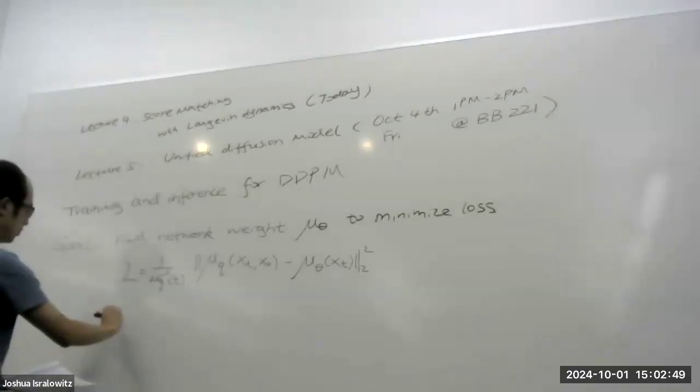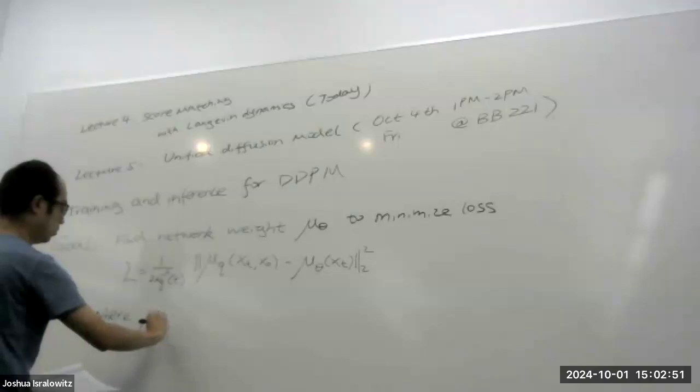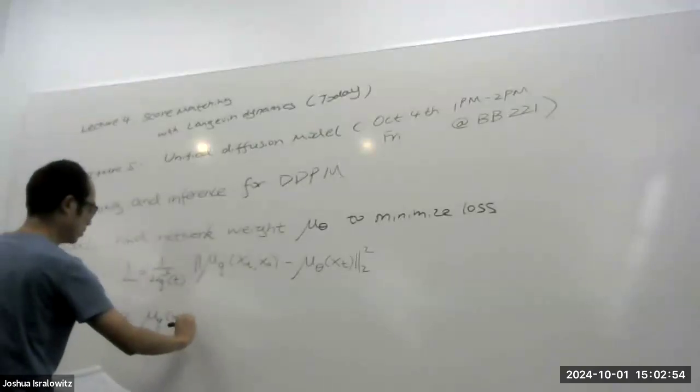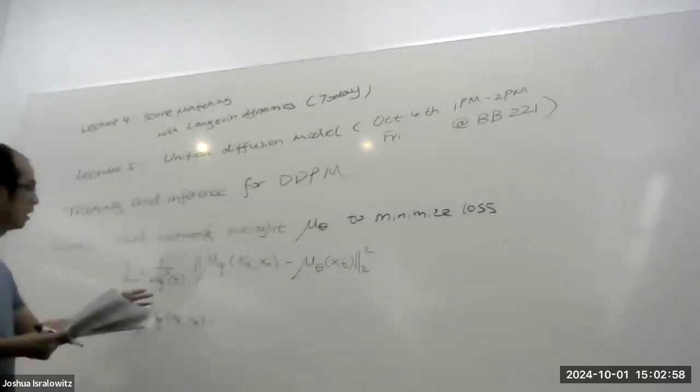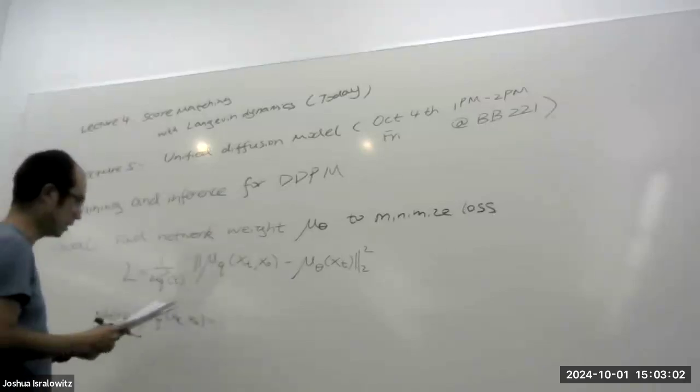where this mu of q at t at 0 is something like a linear combination of xt and x0. We did that in the last lectures.